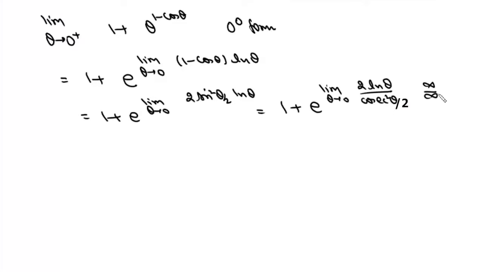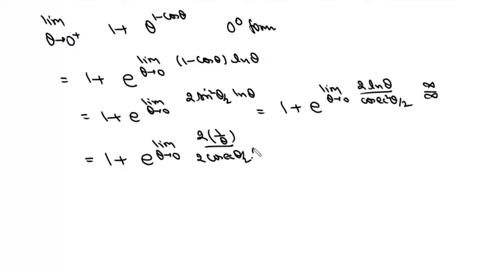Now this is infinity upon infinity form. So if we use L'Hopital's rule, we can write this as 1 plus e to the power limit theta tends to 0, and this is 2 into 1 upon theta, and here it is 2 cosec theta by 2 into minus cosec theta by 2 cot theta by 2 into 1 by 2.